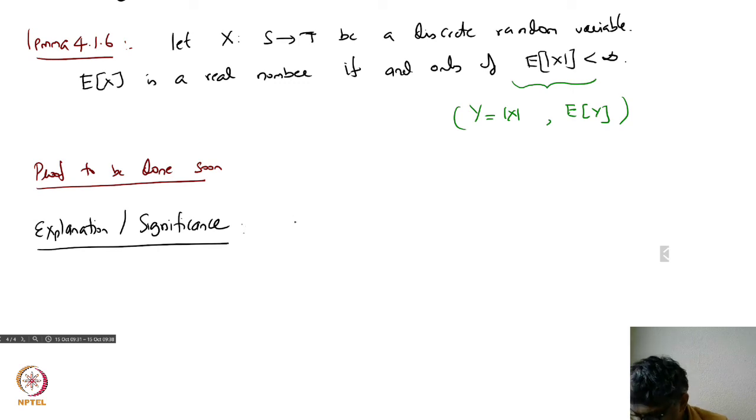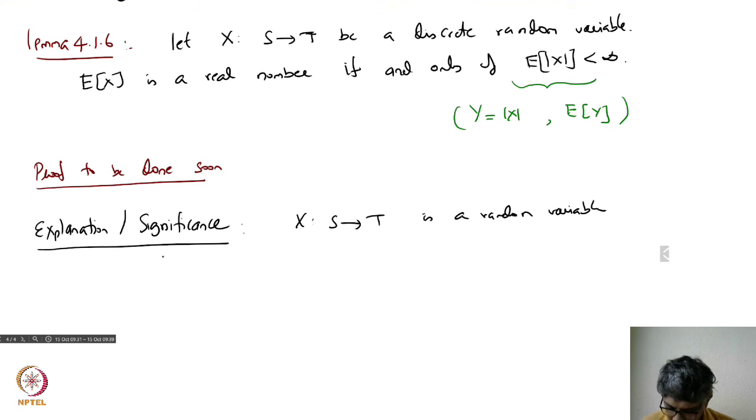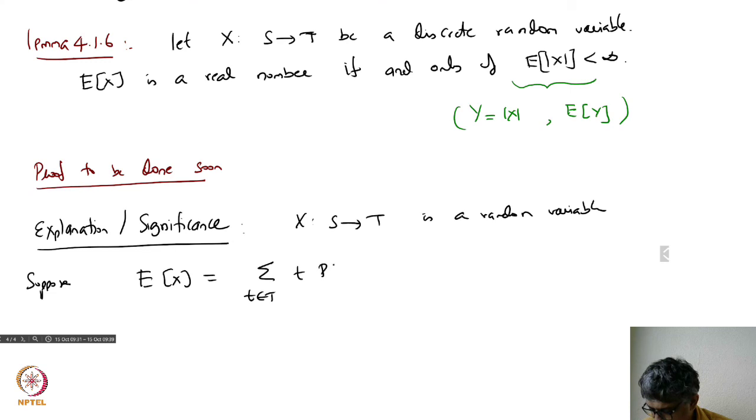Suppose x is a random variable, and for the sake of argument, let's say E of x, which is the sum over t of t times probability x equals t, is some number a, some real number.